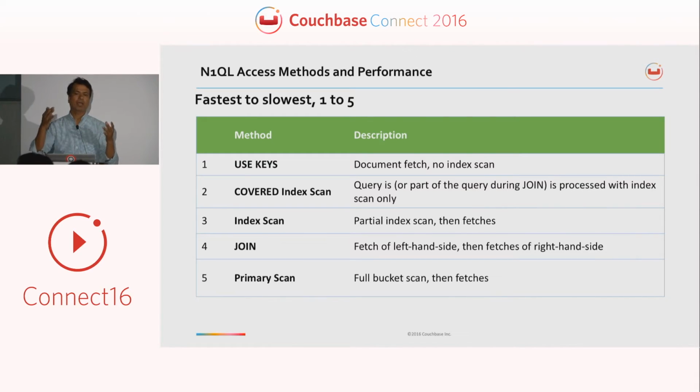The same access method is provided in N1QL as well. If you know the keys, use USE KEYS and there is no index used; we go ahead and get the data directly from the key value store. That's the fastest.